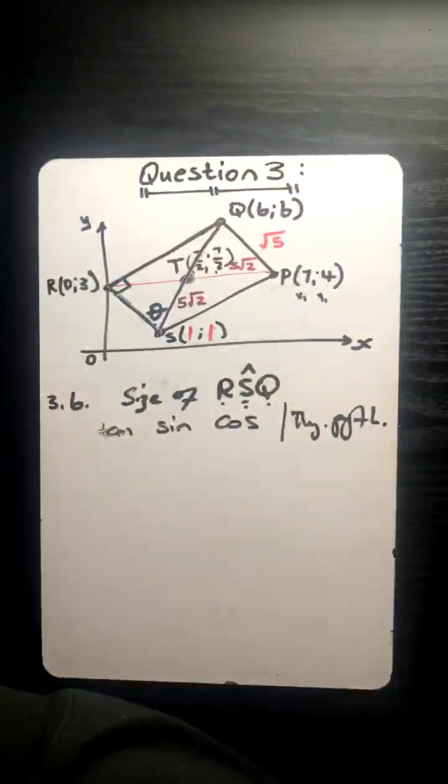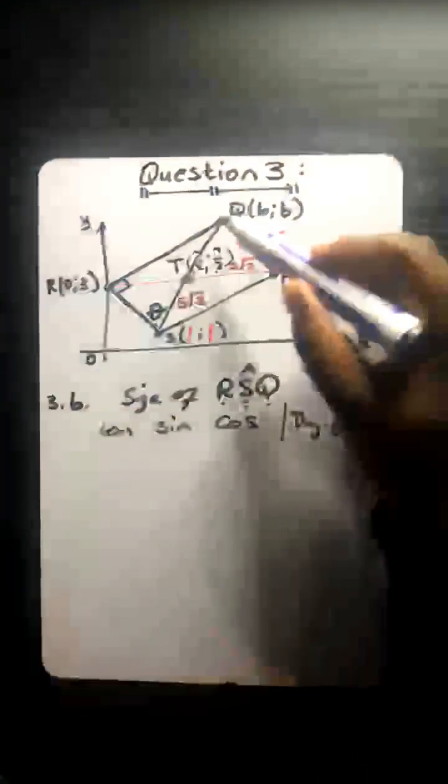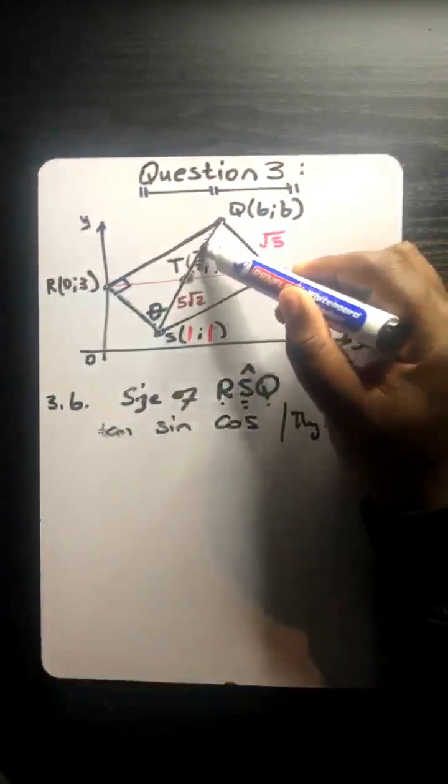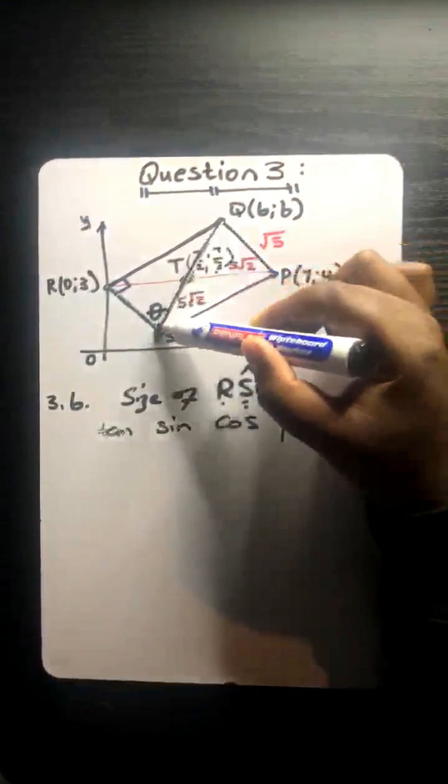This is where now you need to ask yourself which trig ratio will be suitable? The question now is, do we know the length of that side? Yes or no?